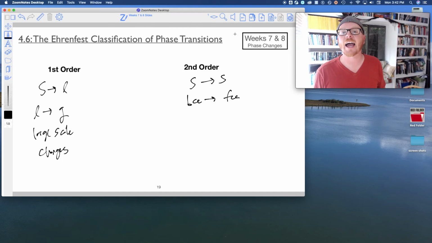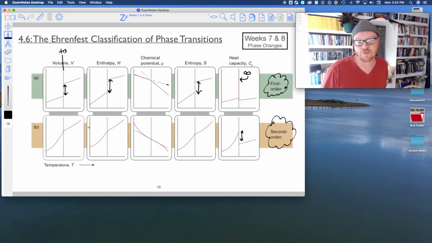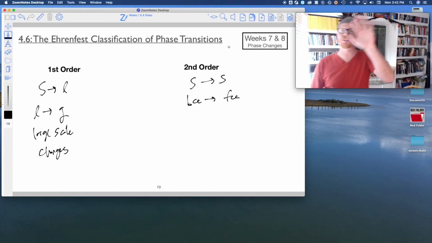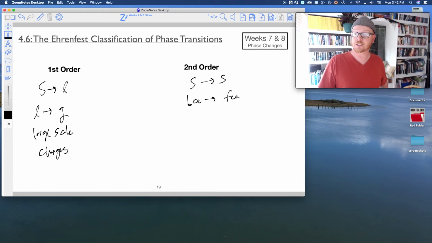So very slight changes in the volume or the delta H. Like in that water phase diagram I showed you, all of those different solid phase transitions would be second order phase transitions.